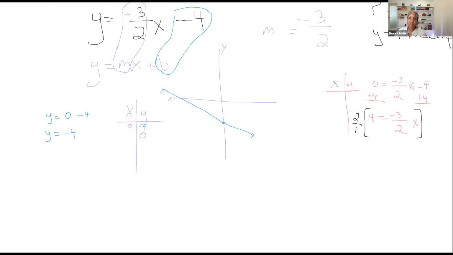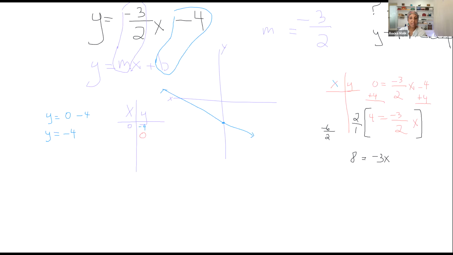So 2 times 4 is 8 equals, this cancels out these 2's, leaving me with -3, because 2 times -3 is -6, 1 times 2 is 2, and 2 will go into -6 -3 times. And my x is still there.